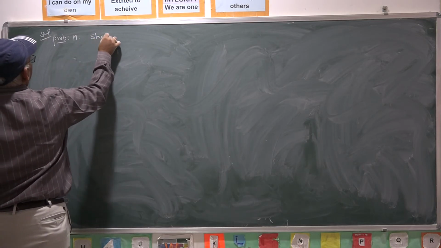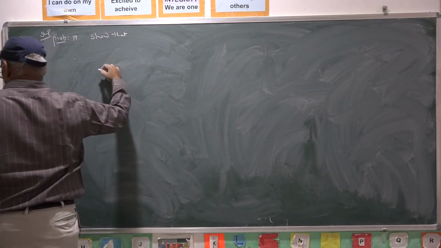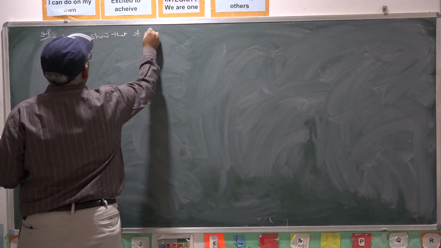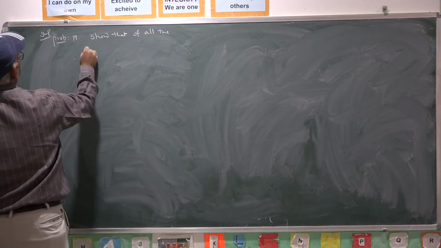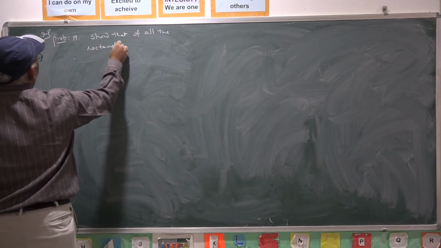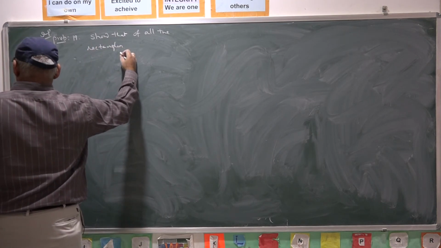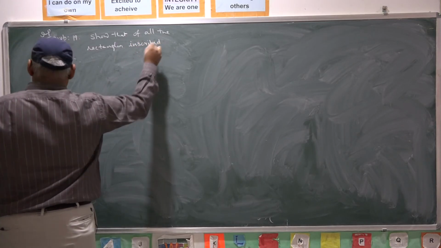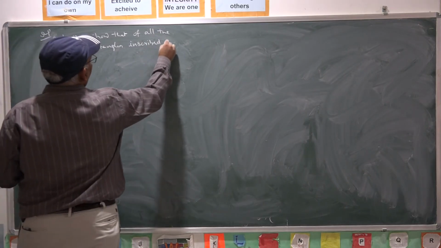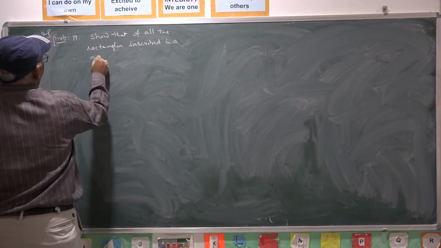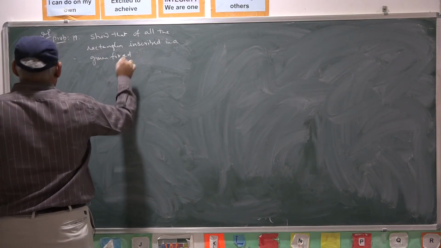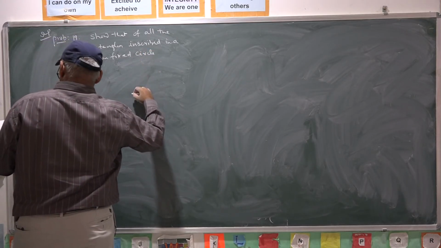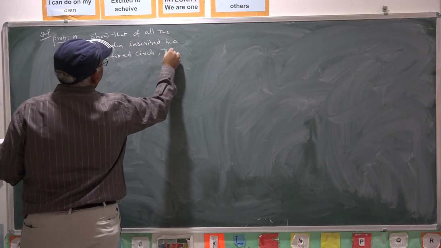Show that of all the rectangles inscribed in a given fixed circle, the square has maximum area.